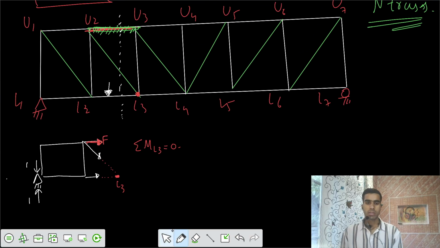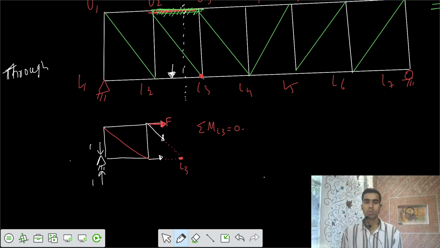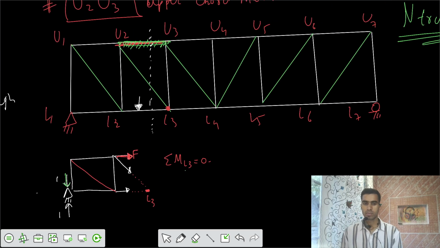Now, based on this, you are applying load at L1. What would be the force F? Can I say that would be 0? Because let's say the panel length is A, so total length is L equals 6A.